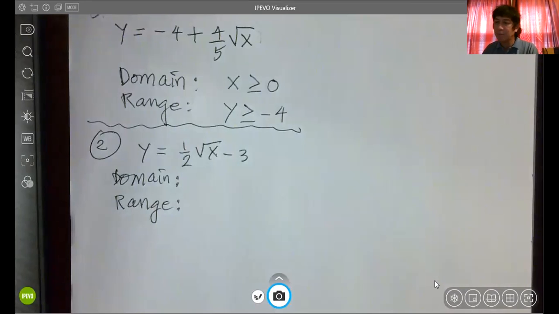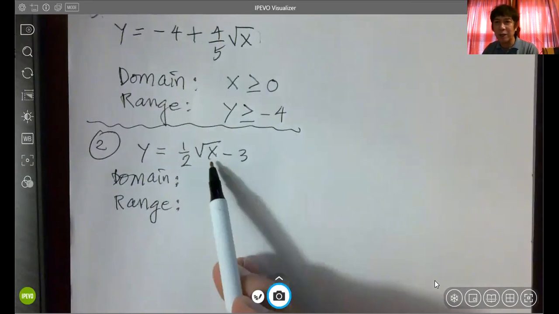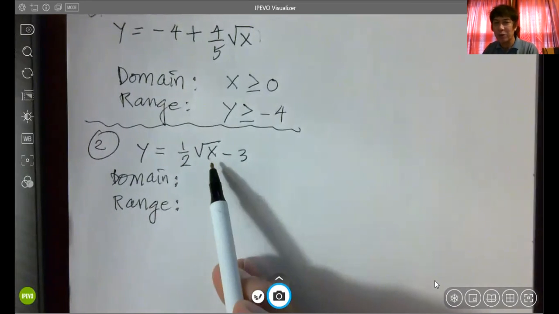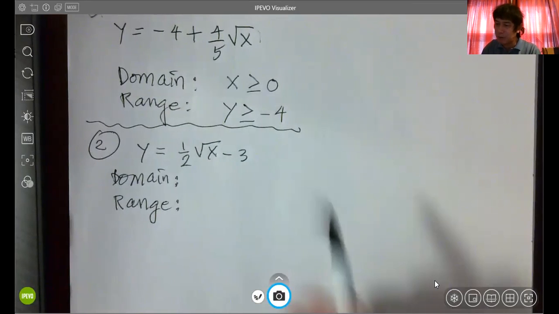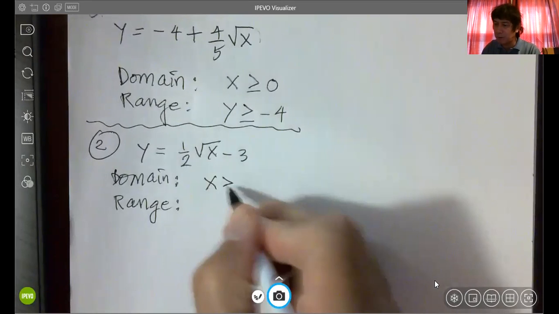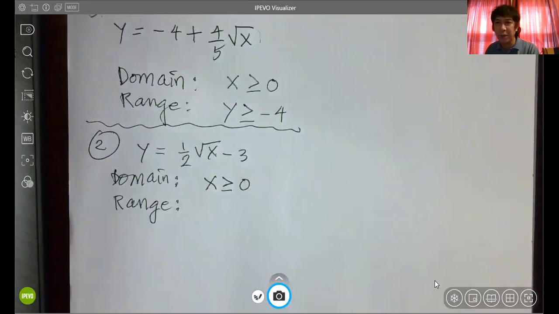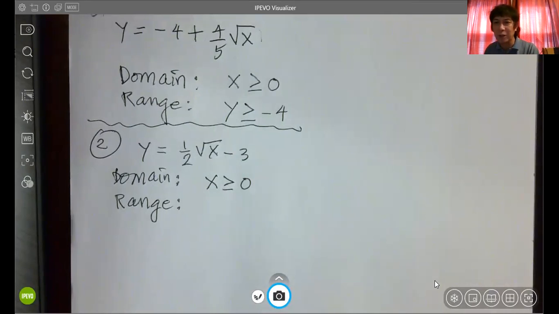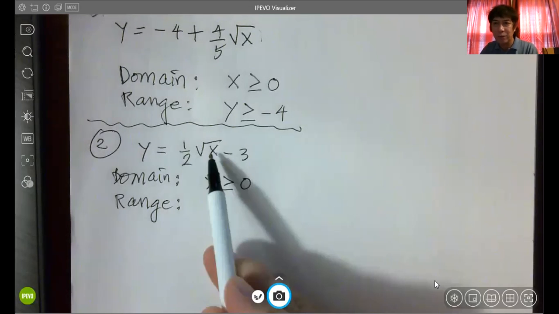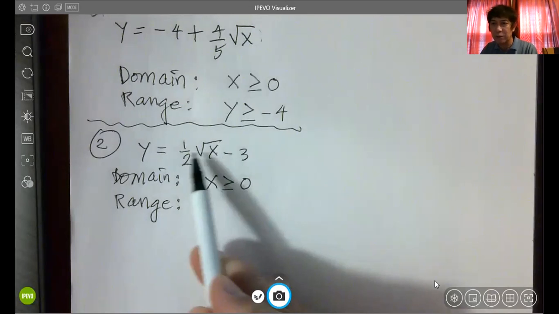Again, x here cannot have a negative, so it starts with 0. It will be 0 or higher. So x is greater or equal to 0. That should be the domain. It cannot have a negative radicand. Now, for the starting value of the range, when x is equal to 0, this is 0 times 1/2, that's also 0.